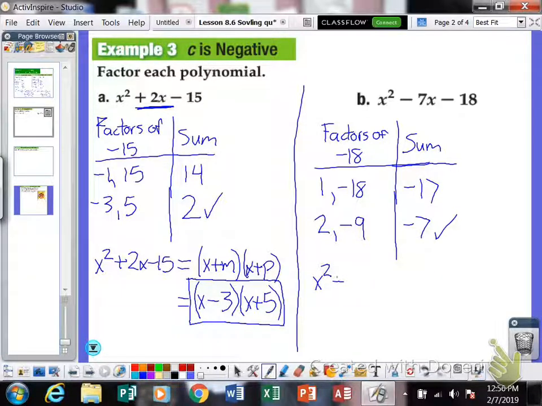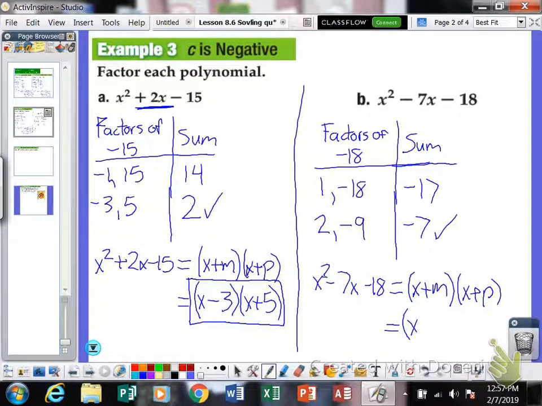x squared minus 7x minus 18. Again, we're following our same formula here, x plus m, x plus p.